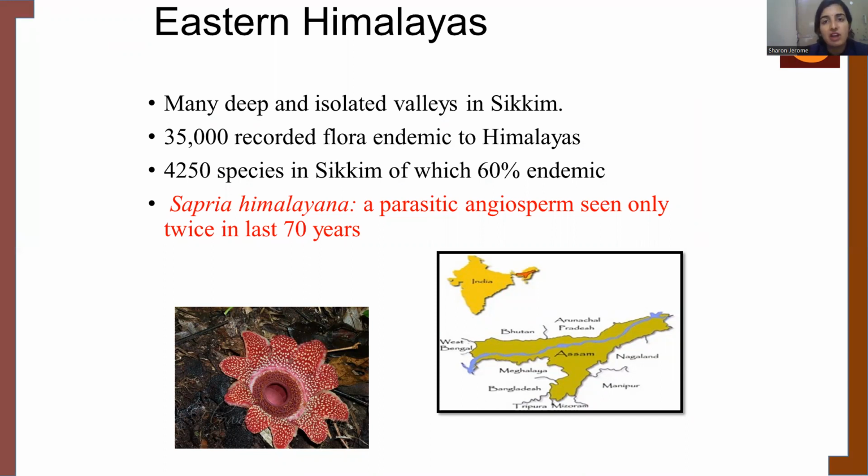So you can see how threatened the species of this area are. And a parasitic angiosperm called Sapria himalayana, which is seen in the Eastern Himalayas, is confined to this area and is also under threat. It has been seen only twice in the last 70 years.